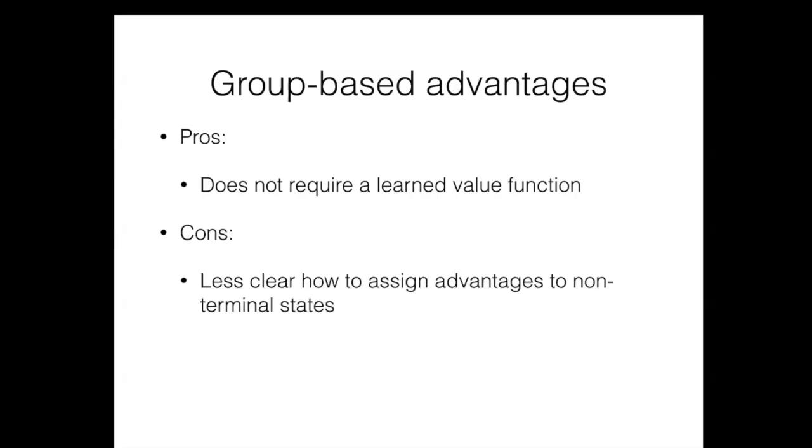So what are some cons? Well, here we're in this really simple one-step MDP, and it becomes less clear how we assign advantages to intermediate steps or intermediate states. Imagine we have our token-level MDP. Then the question is, how do you get a group-based advantage for each individual token?